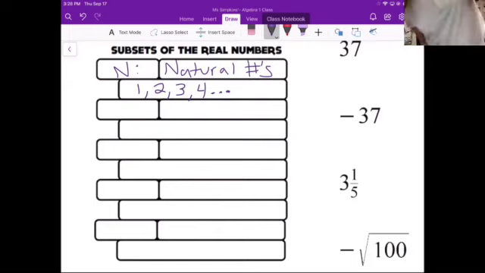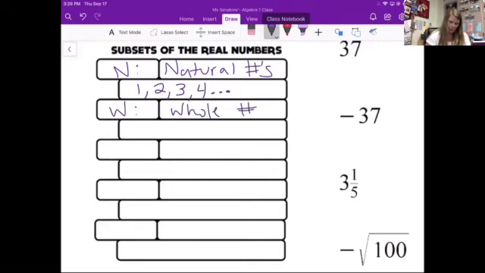Okay, so our next biggest category is whole. What letter do you think represents whole? W, yeah, we're making sense so far. So whole numbers, remember, are almost the same as natural, except it starts with 0. Okay, what about integer?